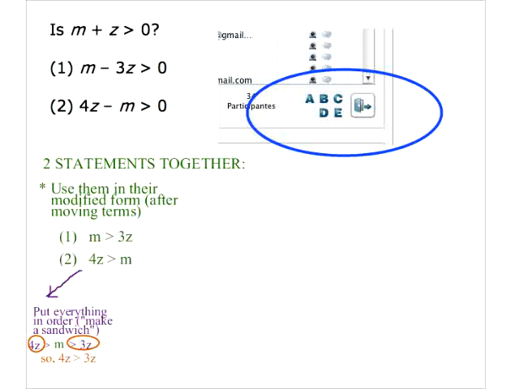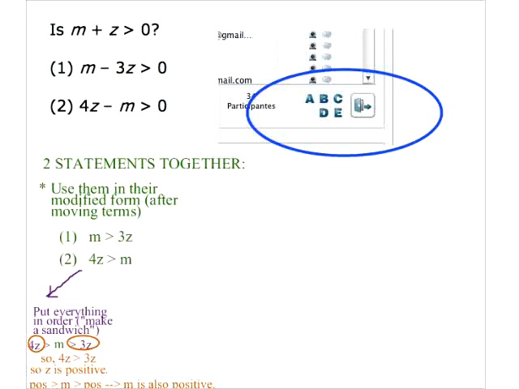The only z's that do that are positive numbers. So we've discovered that z is positive. But then we also know that m is sandwiched between 3 times a positive and 4 times a positive. So positive greater than m greater than other positive. So m is also positive.